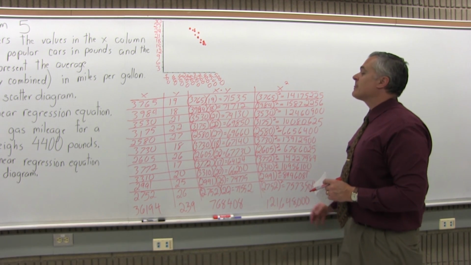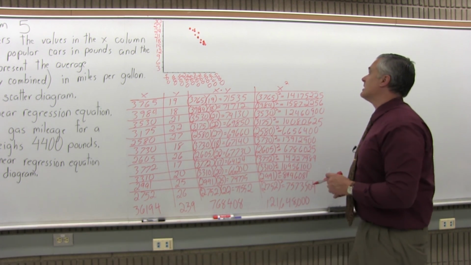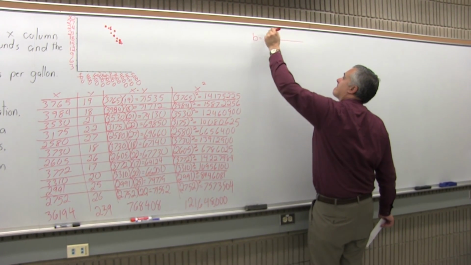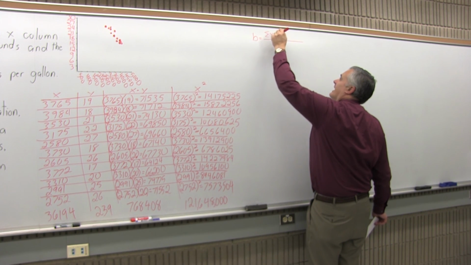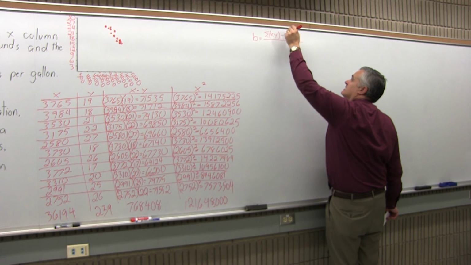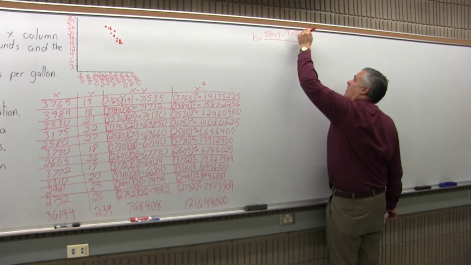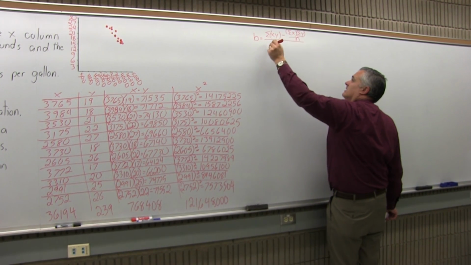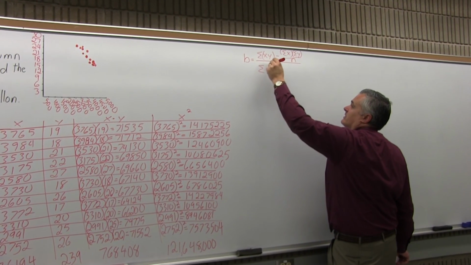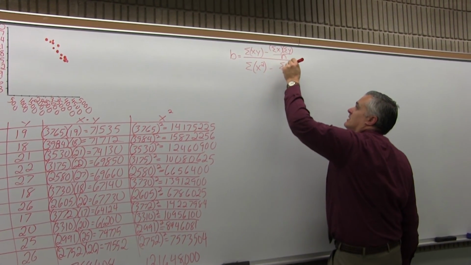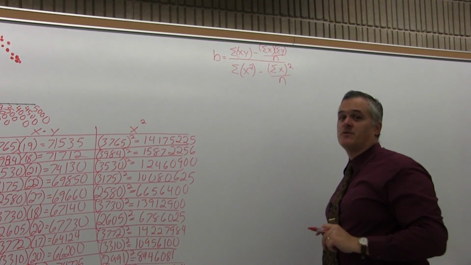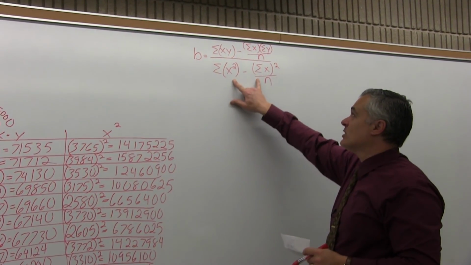Step three, fill in the formula for B and get an answer for B. So the formula for B is B equals total of X times Y minus total of X times total of Y over N. Then underneath, total of the X squares minus total of the X's squared over N. That's the formula for B. Again, the parts in the denominator look so very similar.